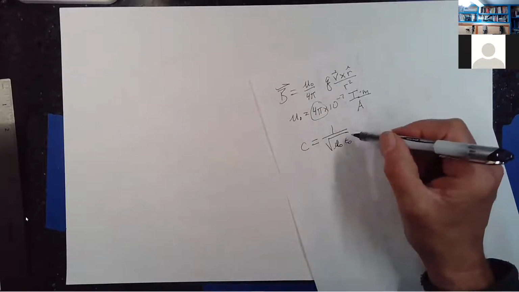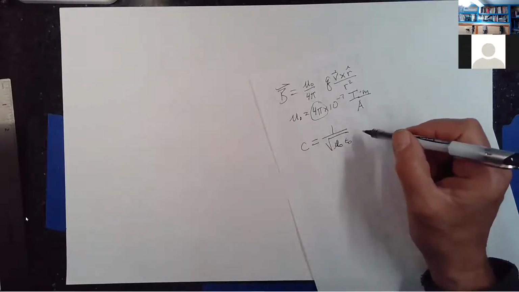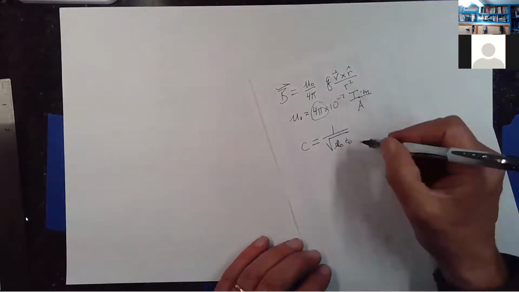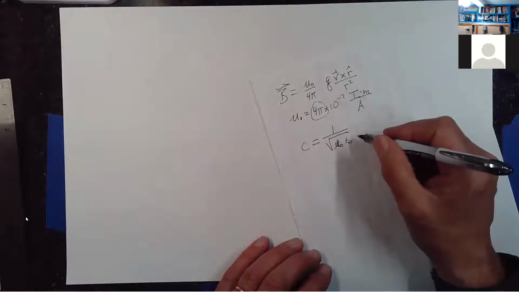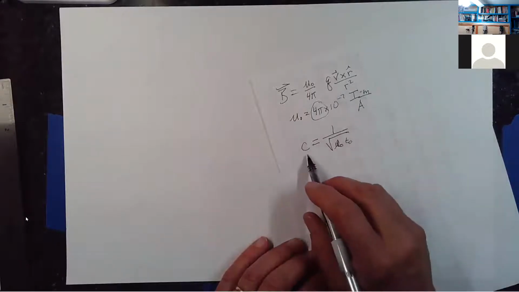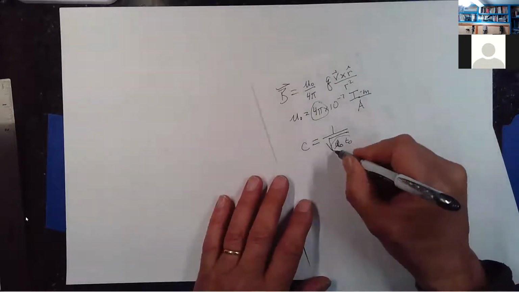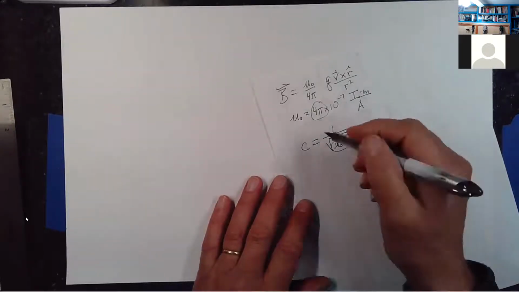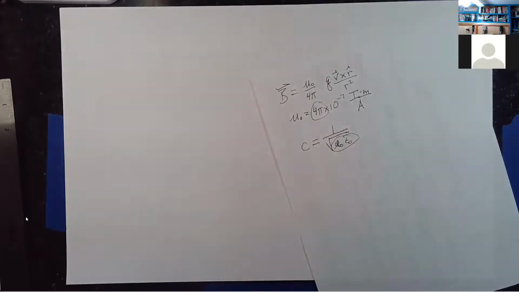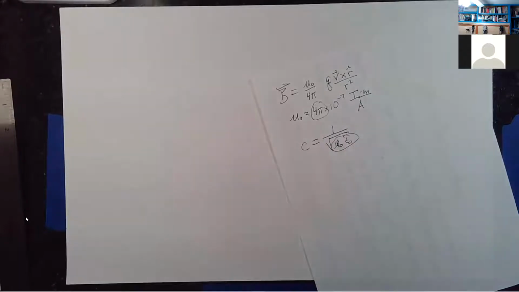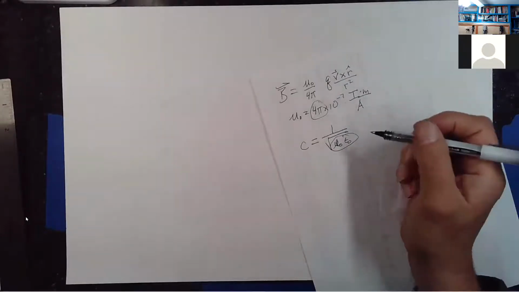Now we know that epsilon naught is 8.85 times 10 to the minus 12, with a bunch of units. So it's kind of a weird value. c is an exact number, but it's interesting that the relationship between mu naught and epsilon naught somehow has pi worked into the mix, and it shows up when you actually solve for epsilon naught. So just kind of a mysterious thing that happens.